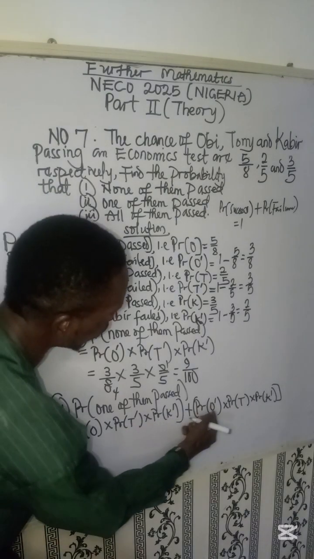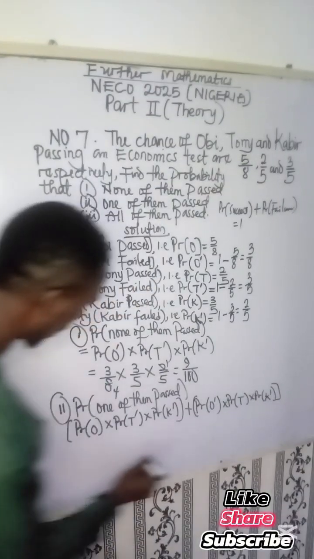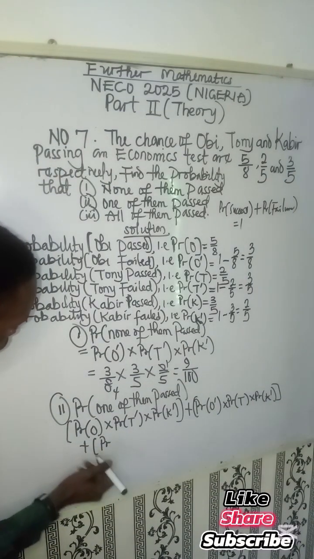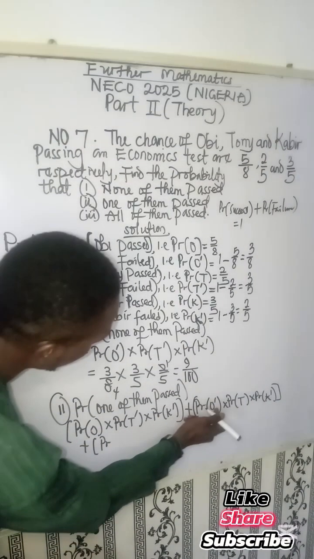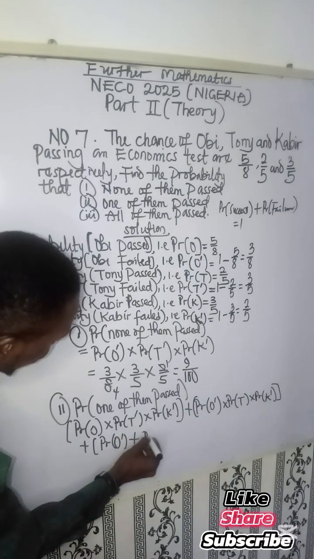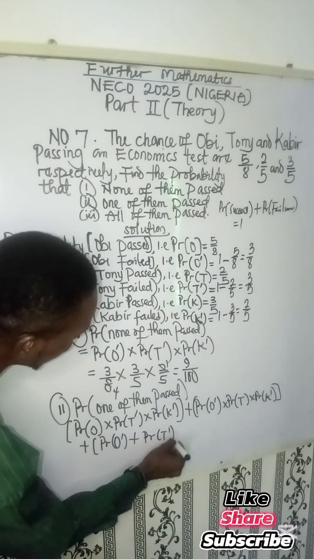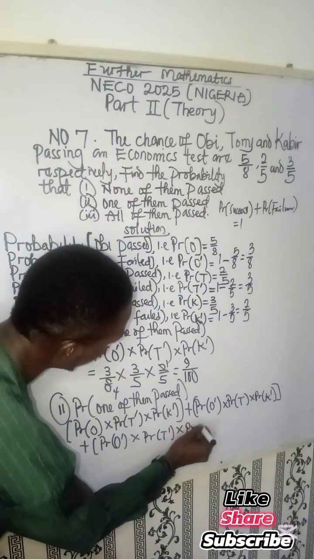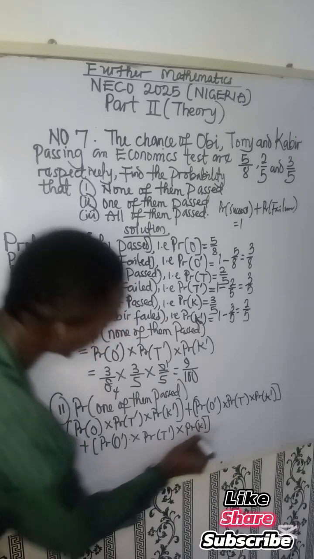Here, Obi fails, Tony passes, Kebir fails. Then the last one will be plus the probability that Obi fails, Tony too will fail, then multiplied by Kebir passing. And that is all.